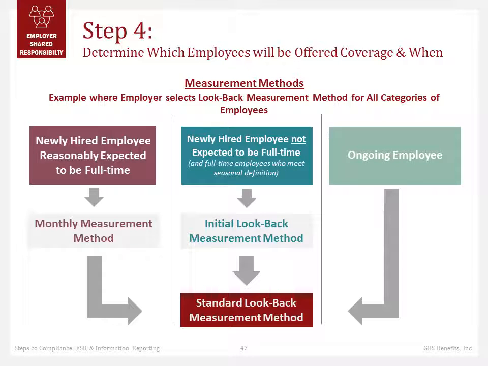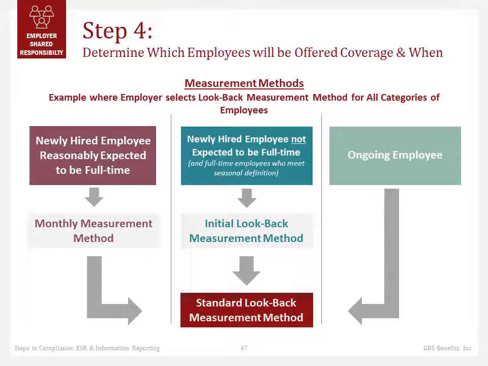So here again is the graphic so you can see. Again, newly hired employee reasonably expected to be full-time, the purple box. They immediately start tracking the hours of service with a monthly measurement method. But as soon as the first standard look-back measurement method starts with this employer, if it's a 12-month measurement method, say it's the example we talked about a couple slides back, it would be every November 1st, a new standard look-back measurement method starts.